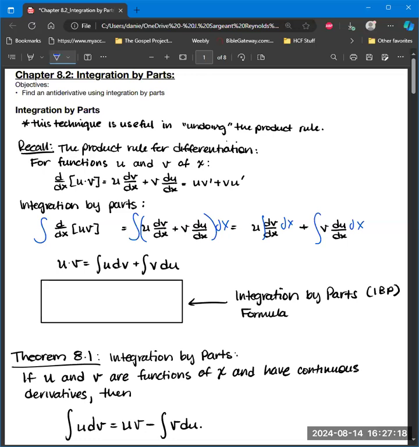So this is going to be equal to the integral of u dv. We want this piece right here, this is what we want to solve for, and it is going to be equal to uv minus the integral of v du. That's our integration by parts formula.